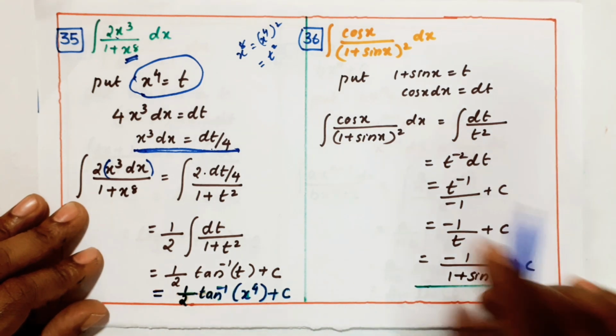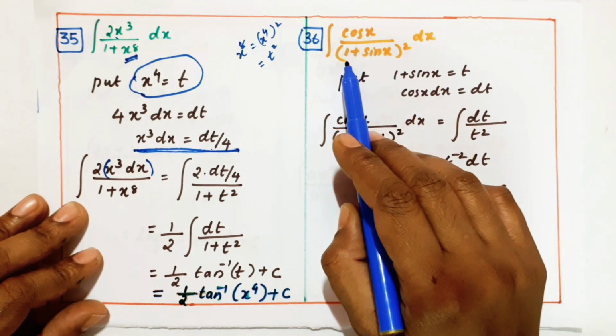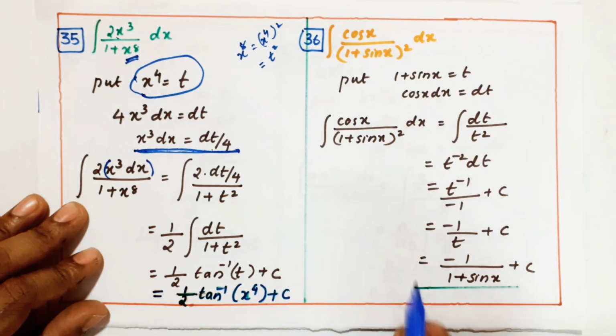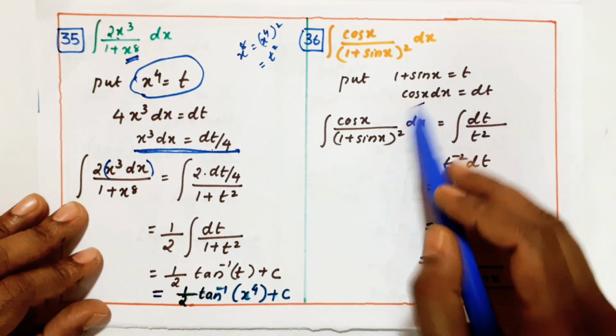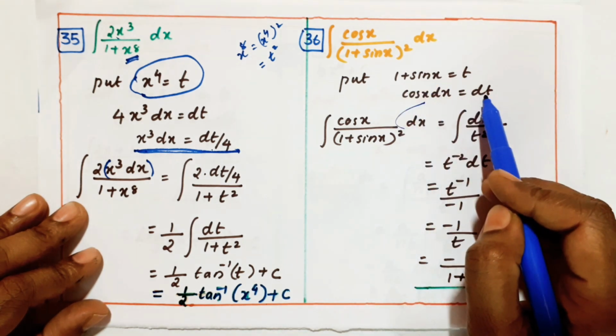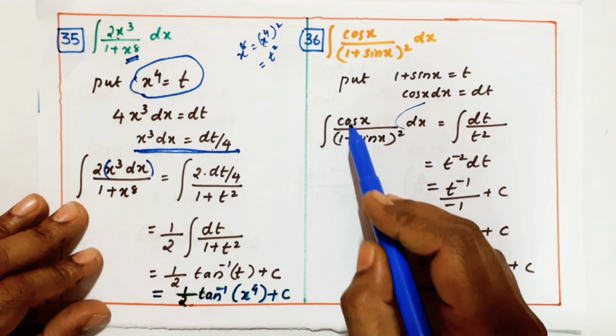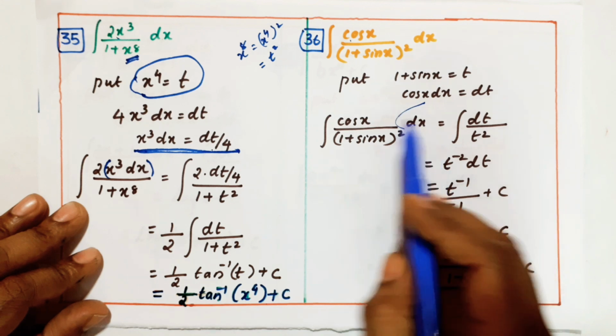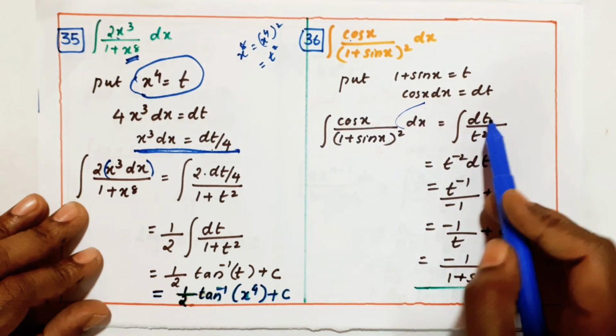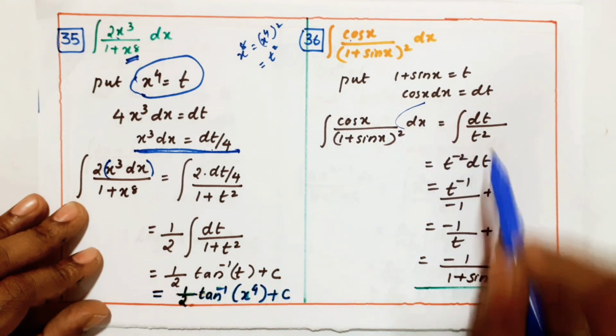See my next question. Integral of cos x by 1 plus sin x the whole square dx. This is also simple. By seeing itself you get an idea. Substitute 1 plus sin x as t. Differentiating, cos x dx equals dt. Writing the question, cos x by 1 plus sin x the whole square dx: cos x dx is dt, and 1 plus sin x whole square is t square.